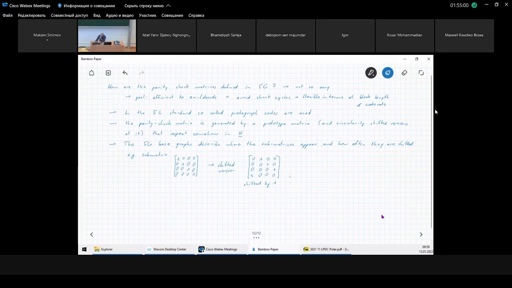Then we have shifted by 2: the first column goes to position 3, and so on. Using a protograph matrix of size 4 being the identity matrix, we can have 3 other shifted versions of this one.